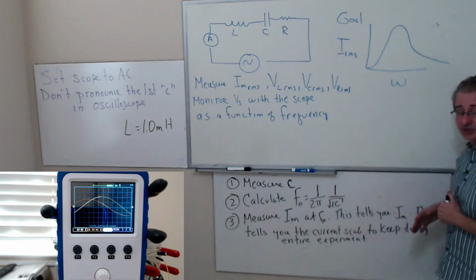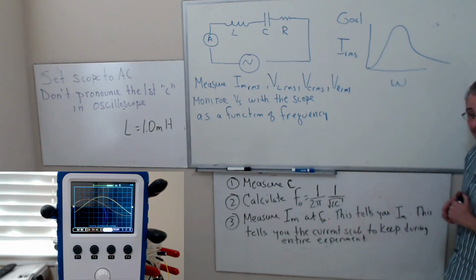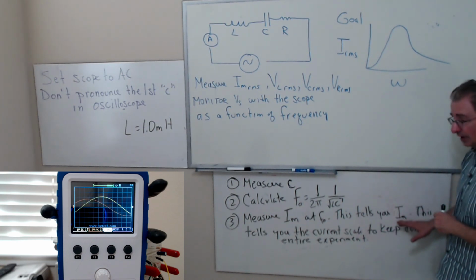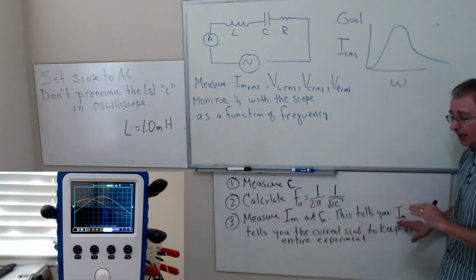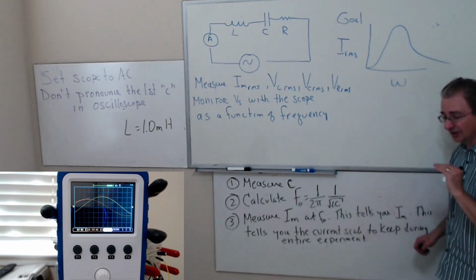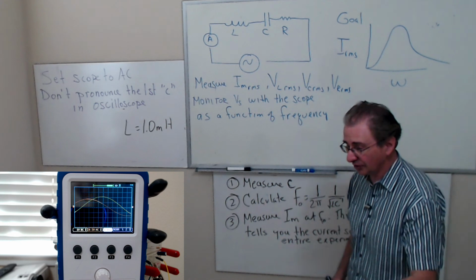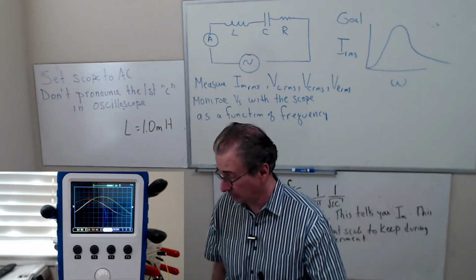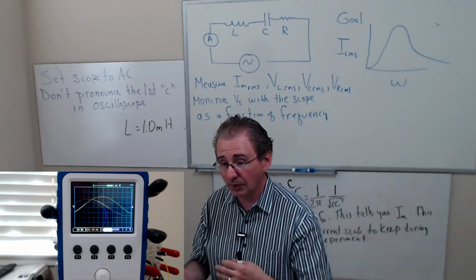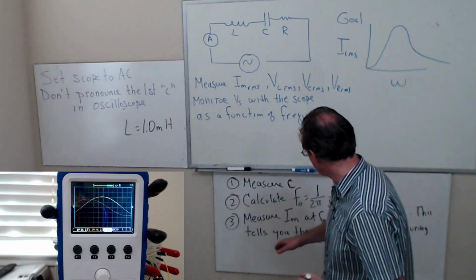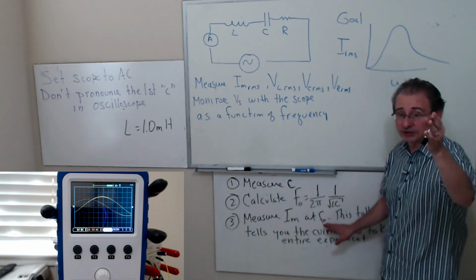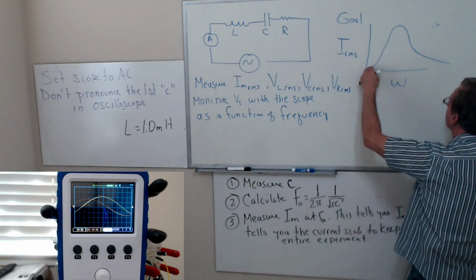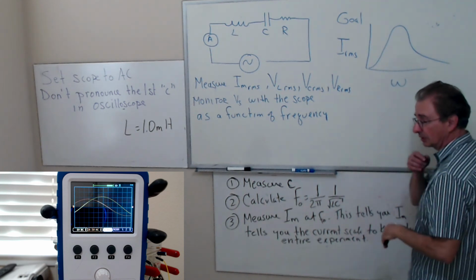Once you find your I max and you set your scale on the meter, do not ever change the scale of the meter during the entire experiment. Do not change the meter scale during the entire experiment. Okay, so what you might want to do ahead of time is find the maximum current, or you will define the maximum current and see how the current ranges from the low frequencies to the higher frequencies.